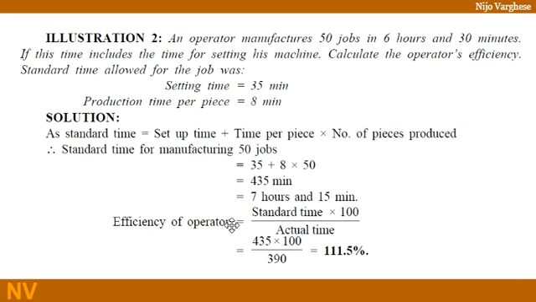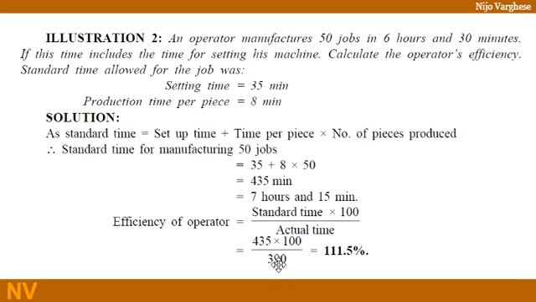Efficiency of the operator can be calculated as standard time divided by actual time multiplied by 100. Standard time is 7 hours and 15 minutes, so rather we can take 435 minutes. 435 divided by 390. 390 is 6 hours and 30 minutes, the actual time taken by the operator.